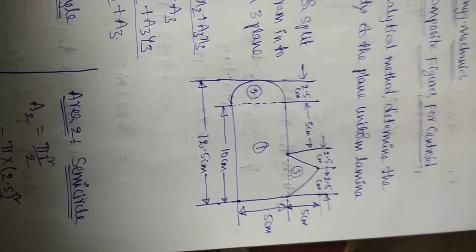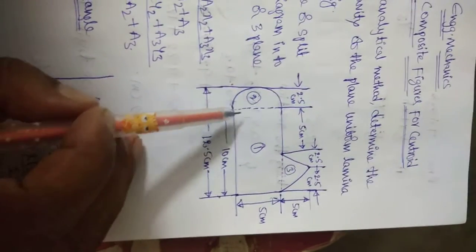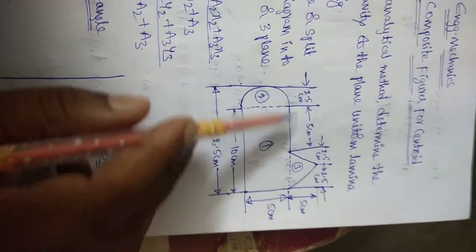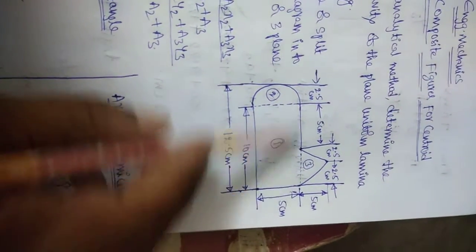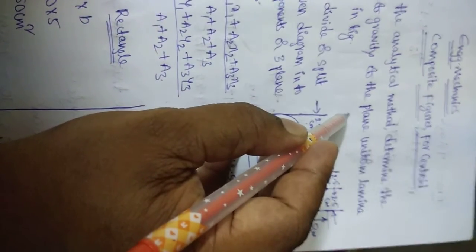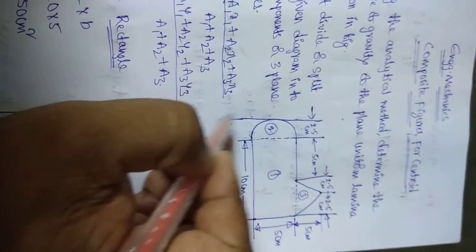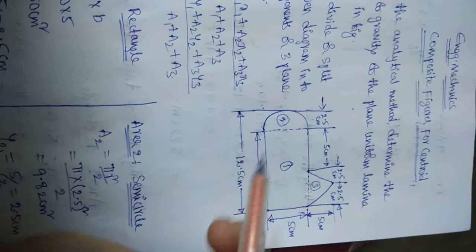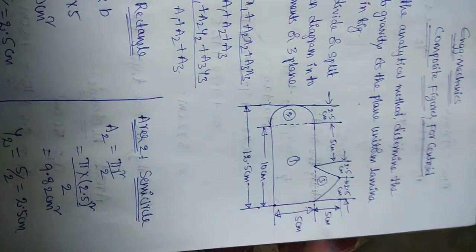For X1, we need to take the axis from left to right.